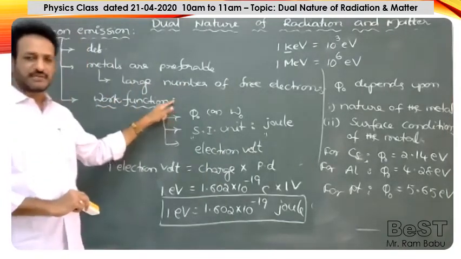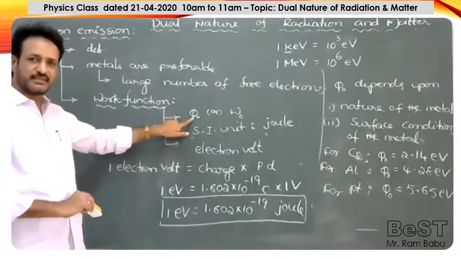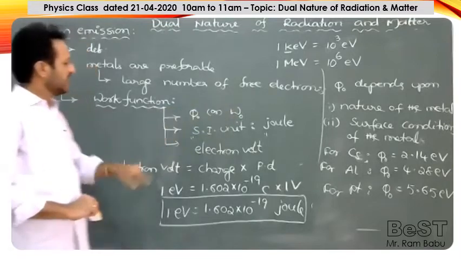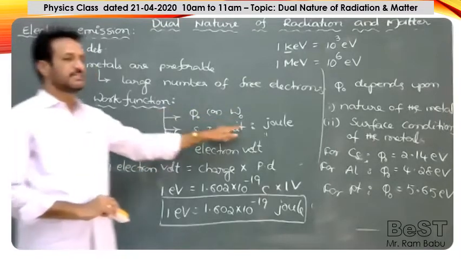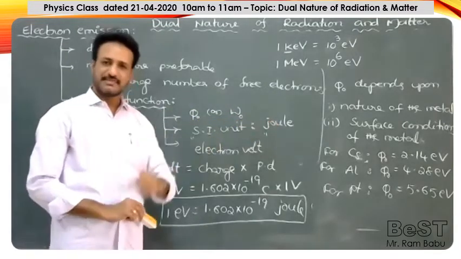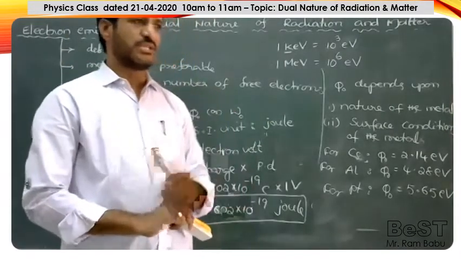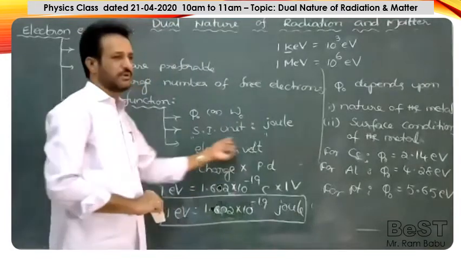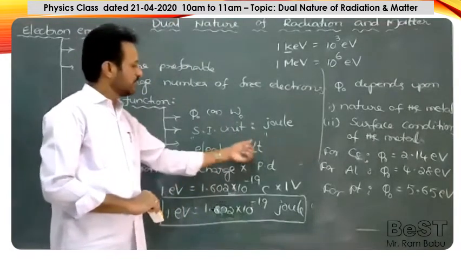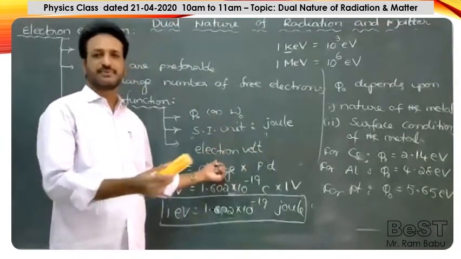We can denote the work function with the symbol phi naught or W. Generally the SI unit of the work function is joule. But in atomic physics or nuclear physics, joule is a bigger unit. So that's why we use electron volt, the practical unit. So electron volt is also the unit of work function of the metal.